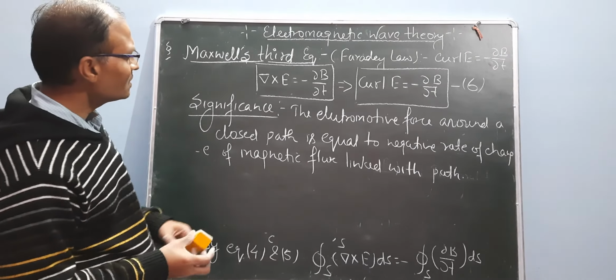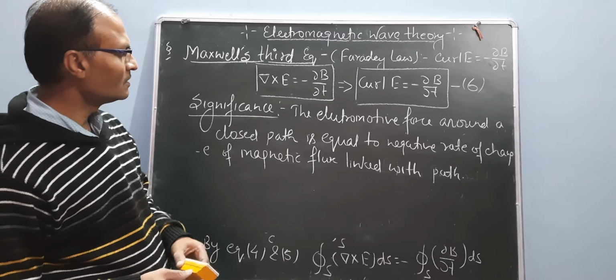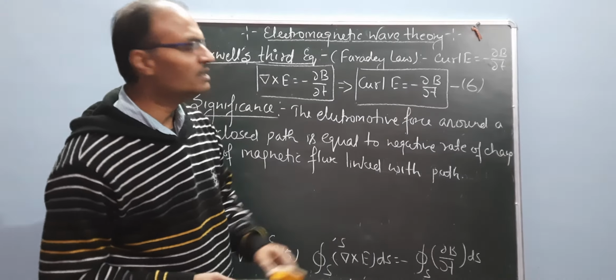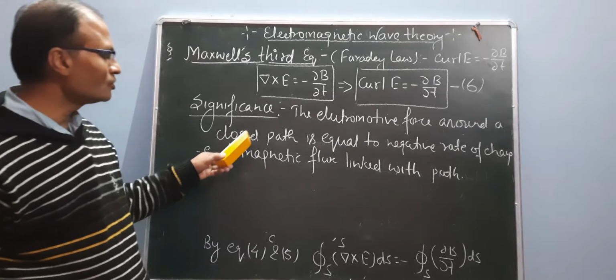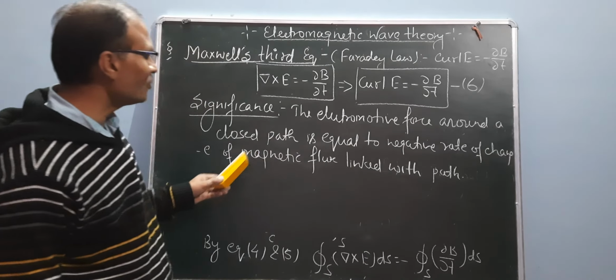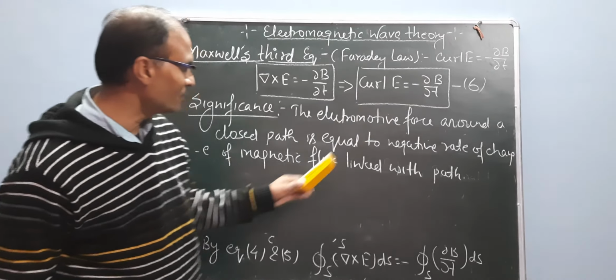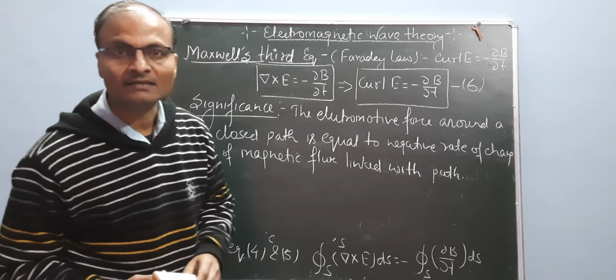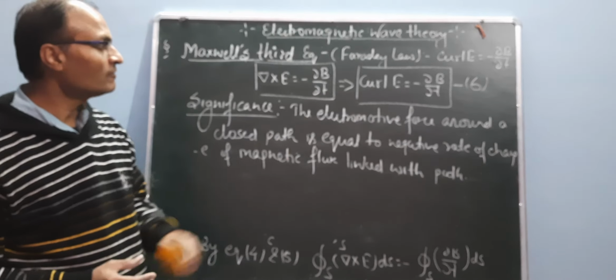This is the significance of Faraday law. The electromotive force EMF around a closed path is equal to the negative rate of change of magnetic flux, minus dB upon dt, linked with this path.